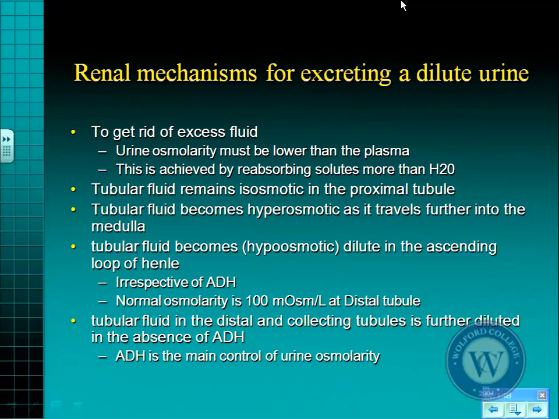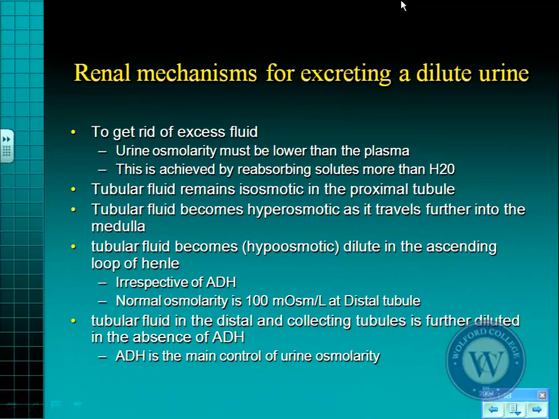And then the tubular fluid becomes hypoosmotic, or dilute, in the ascending loop of Henle, irrespective of ADH. The normal osmolality by the time you get to the proximal portion of the distal tubule is around 100 milliosmoles per liter. So that's pretty dilute. You went from 300 down to 100.